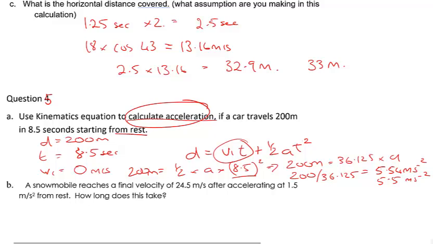All right. Okay, final question, which is a bit of a repeat of an earlier one in some respects. We're trying to work out a time, and we've got a snowmobile with a final velocity of 24.5, and it goes from rest.